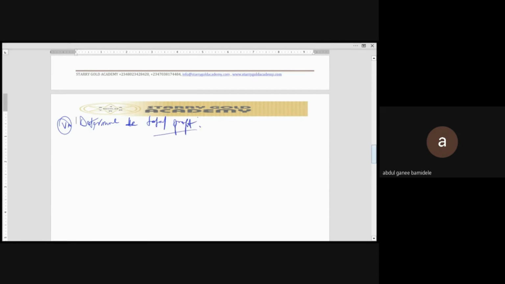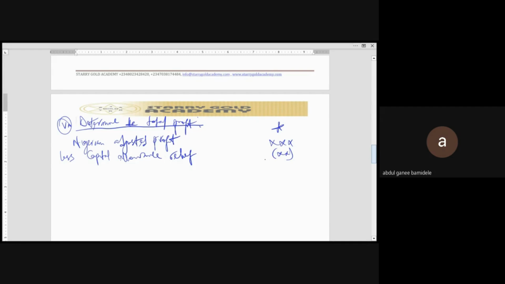Now that we have determined the Nigerian adjusted profit, we bring in that Nigerian adjusted profit, you less capital allowance, the one attributable to Nigeria using the depreciation ratio. So our total profit is arrived at.